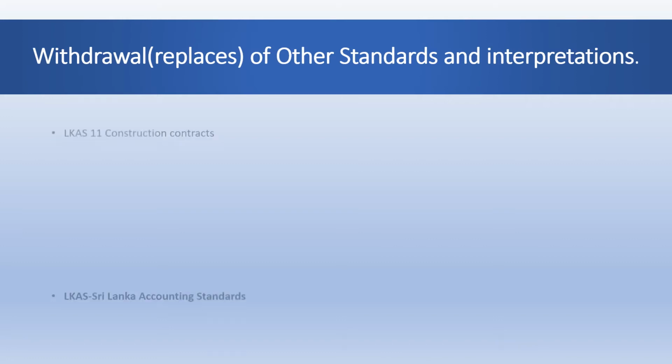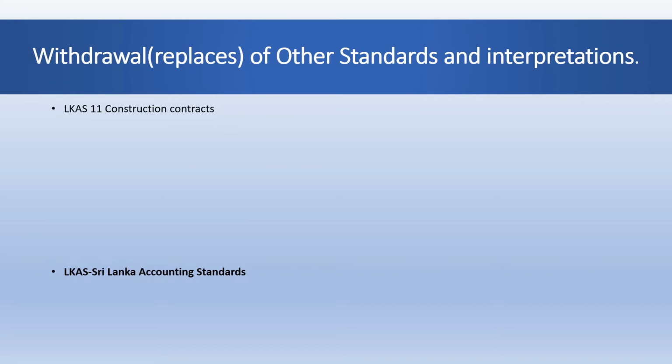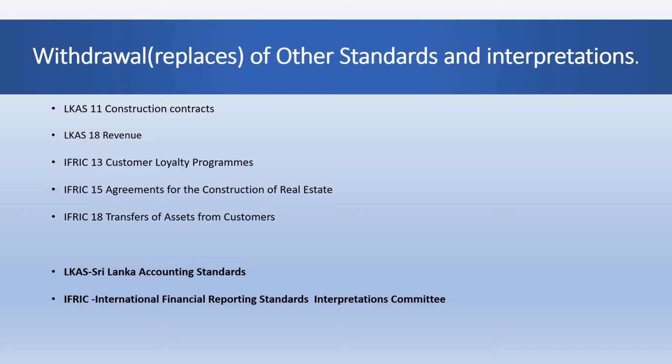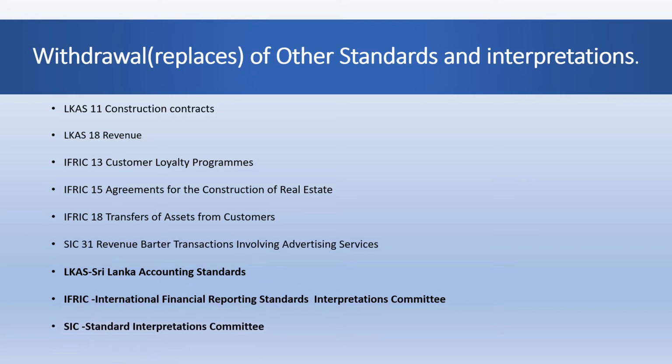It has replaced LKAS 11, Construction Contracts, and LKAS 18, Revenue, IFRIC 13, Customer Loyalty Programmes, IFRIC 15, Agreements for the Construction of Real Estate, IFRIC 18, Transfers of Assets from Customers, and finally SIC 31, Revenue Barter Transactions Involving Advertising Services.